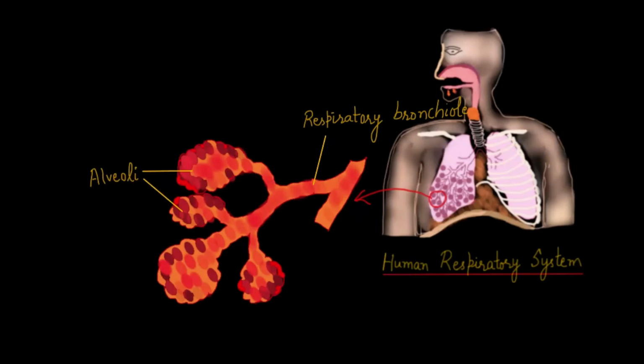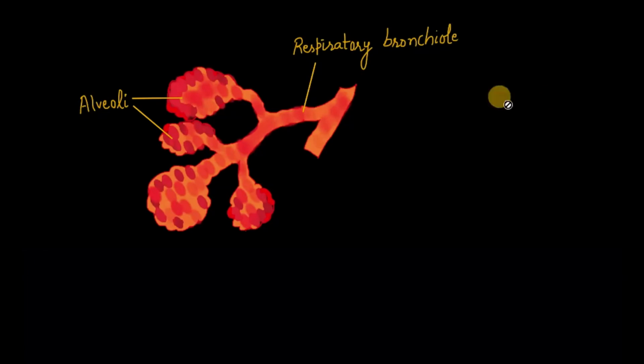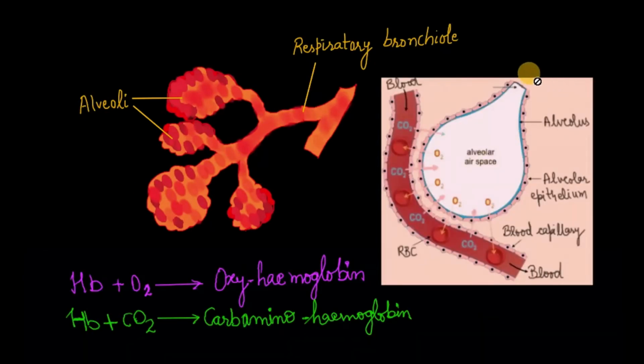How does gaseous exchange occur? Let's have a look at another diagram. Air enters inside this alveolar sac and it has blood capillaries around it. A network of blood capillaries is there around the alveolar sac. And what happens when the blood enters the blood capillaries? It has a high concentration of carbon dioxide.